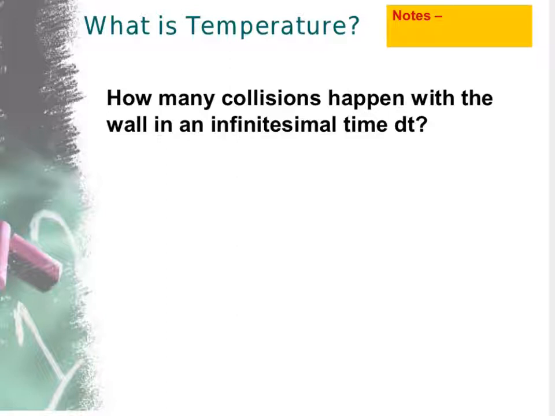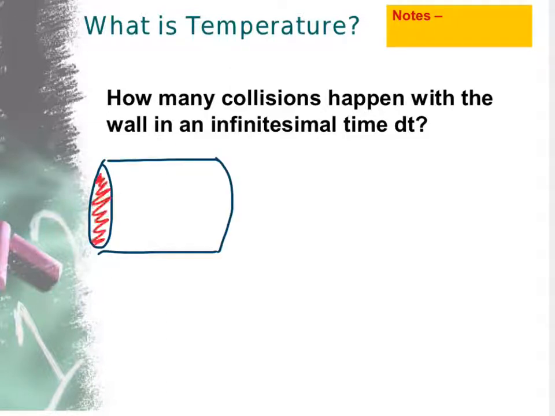So how many collisions are going to happen with this little section of wall in an infinitesimal time dt, a very small time? Here's our area A. The only molecules in the gas that could possibly collide with this wall are the gas molecules within a certain small cylinder.